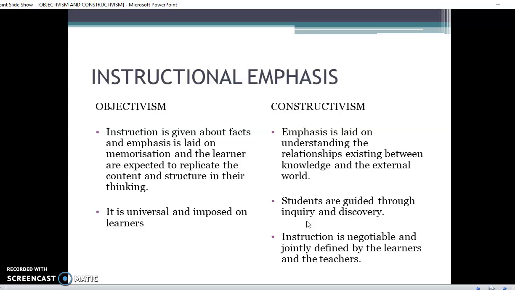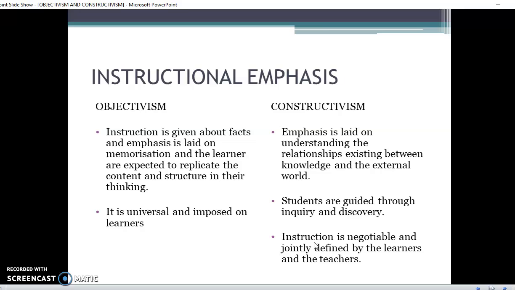Moving ahead, instruction here is negotiable and jointly defined by the learners and teachers. So if you see in the objectivist approach in terms of instructional emphasis, we know that the teacher is the whole and soul of the classroom, and students hardly have any role to play. That's why they are considered to be passive listeners.